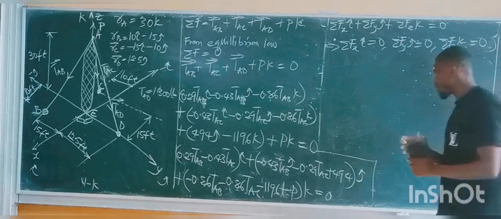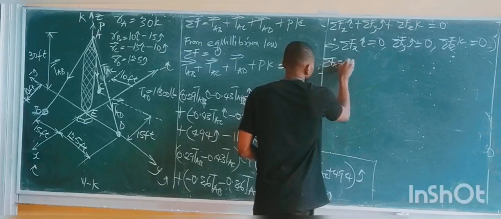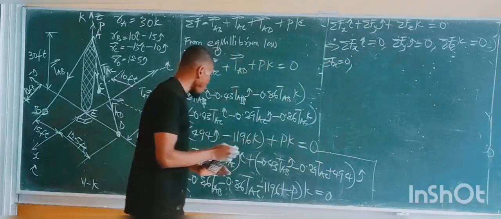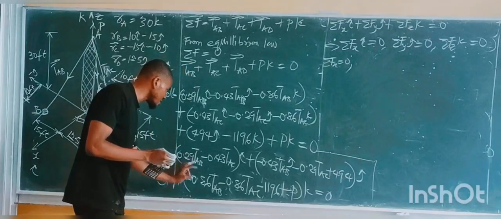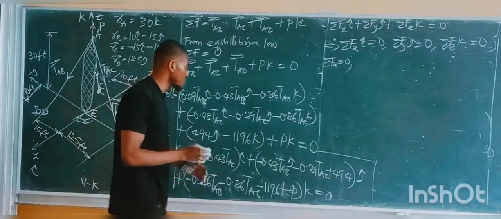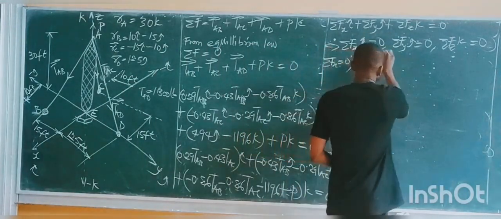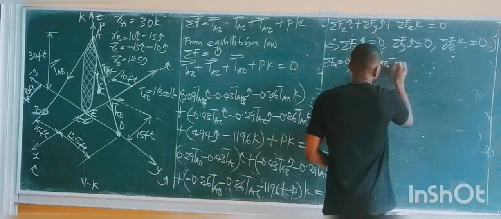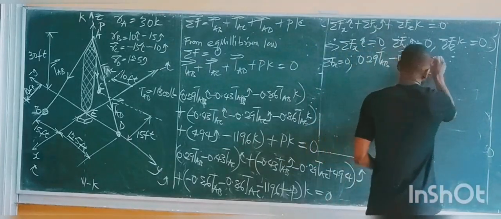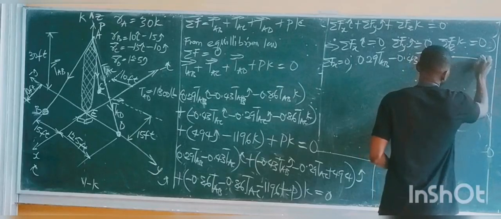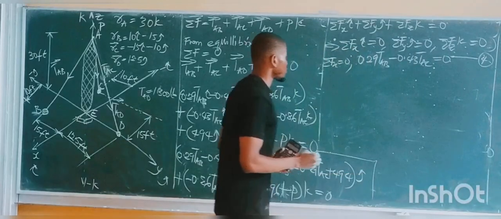So we start with summation Fx equals 0. Let's sum all the force in the i direction to 0. We have 0.29 TAB minus 0.43 TAC equals 0. Call this equation 4.